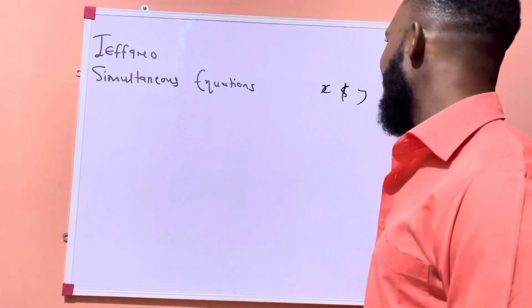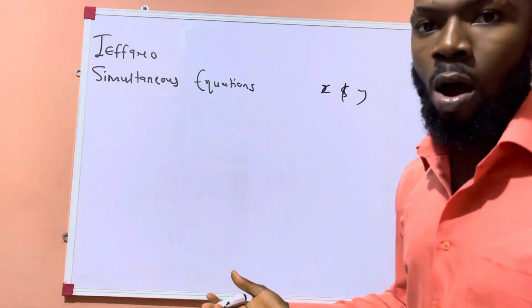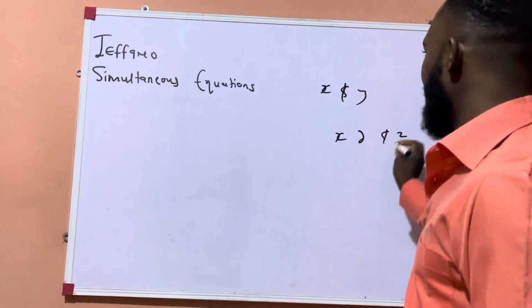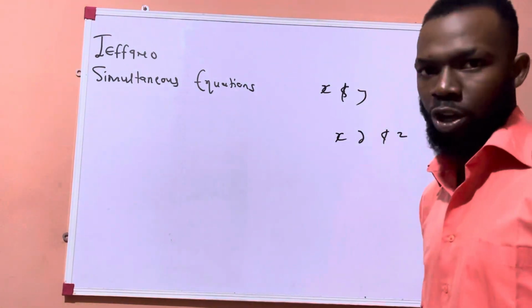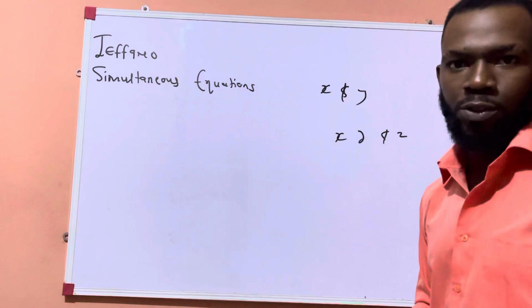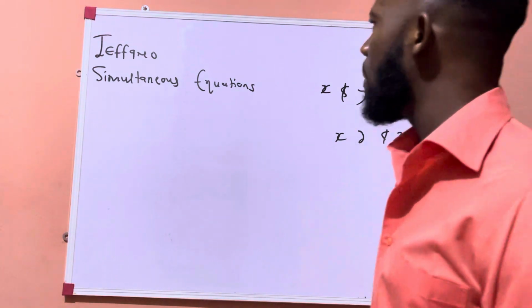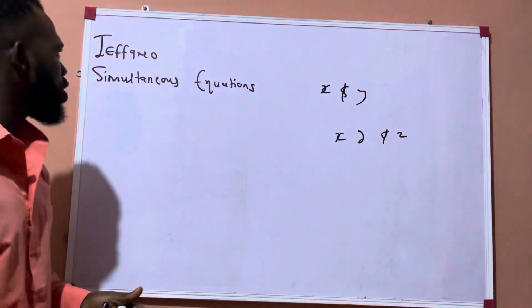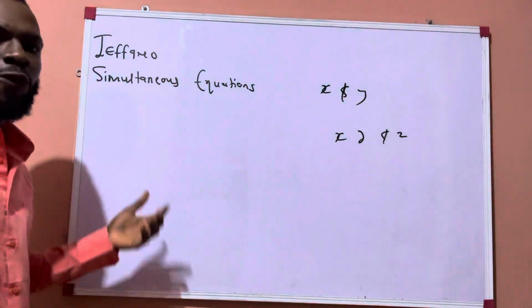And also, in an equation consisting of x, y, and z, it means we're going to have three equations because we have three variables. Now, solving simultaneous equation problems, we can solve simultaneous equations using different methods.